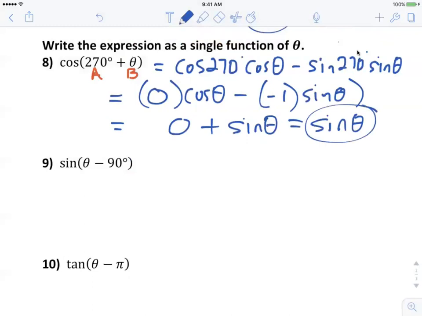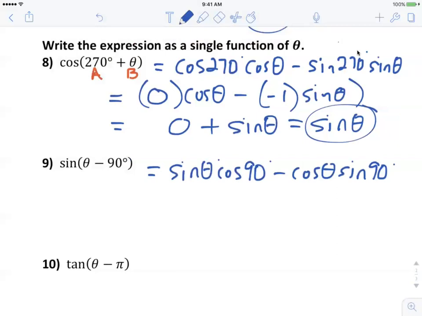Okay. The next one, let's see, we have sine A minus B. So that's going to be sine A cosine B minus cosine A sine B. Right. That structure of that fourth identity down on page 1, sine A minus B. All right.